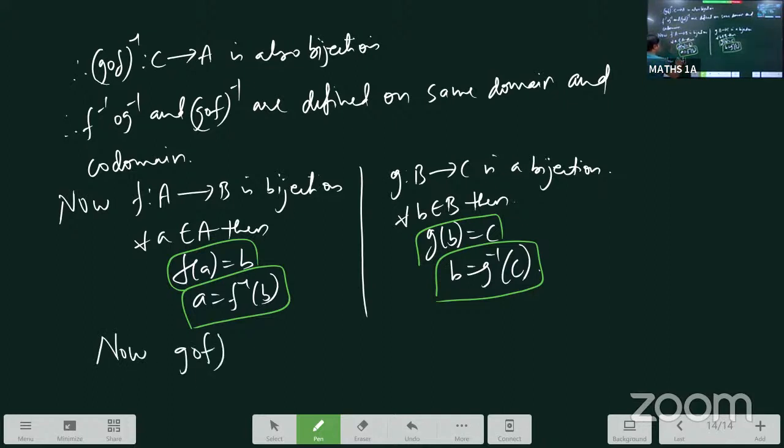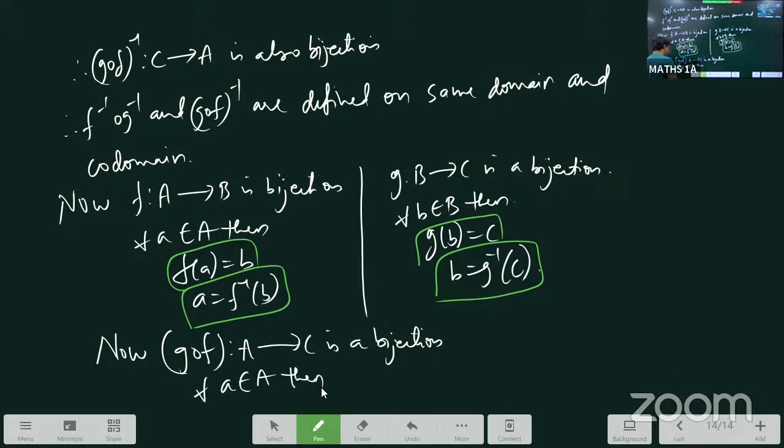G circle F is mapping from A to C and is a bijection. It is given. For every a belongs to A, its image G circle F of a belongs to C. Now I am going to take G circle F of a, which I write as G of F of a.